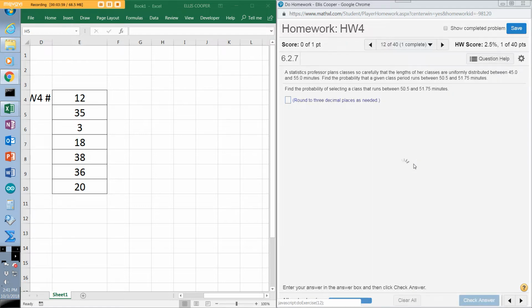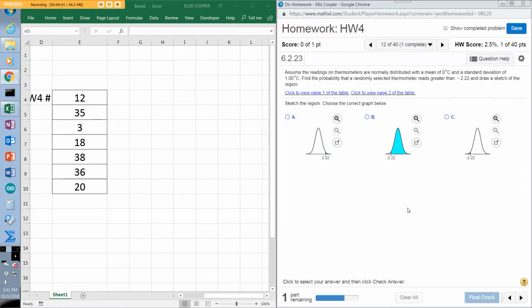Here's number 12. Okay, so here we have readings on a thermometer. So that's a random variable. They're going to read a thermometer a certain number of times, and they're going to tell us that the readings are at mean 0 and standard deviation 1, which on the centigrade scale is between freezing and 1 degree centigrade above freezing.